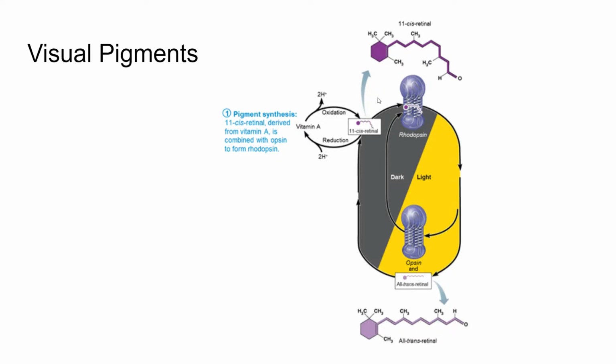One of the most common pigments is called rhodopsin. These are found in our rods only. And in the cones, you have those three colors that I mentioned, the green, blue, and red. Depending on the wavelength that particular protein absorbs, it will be one of those three.